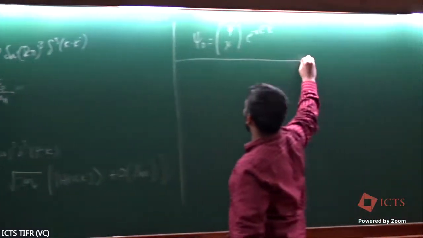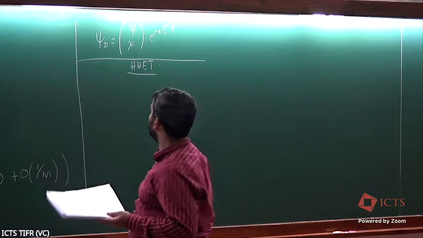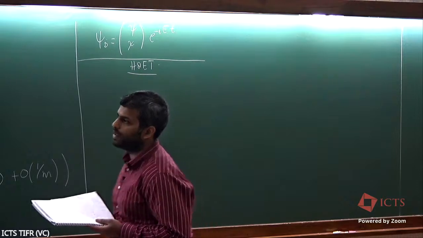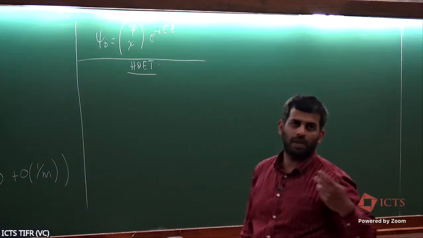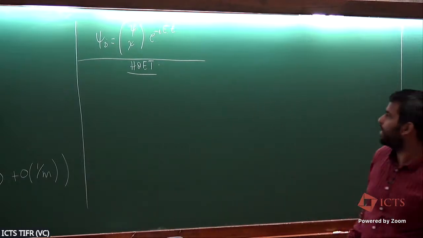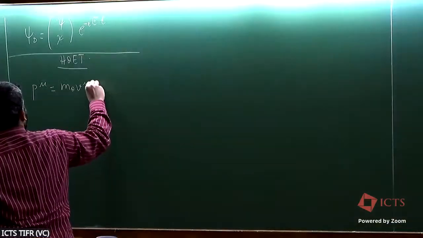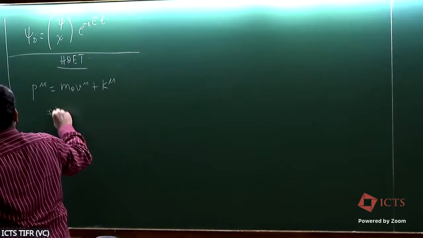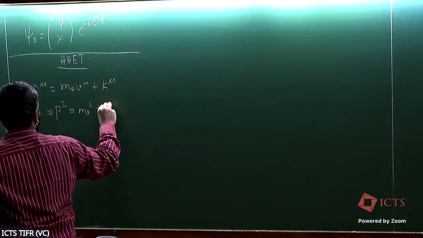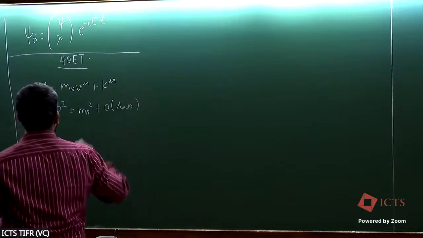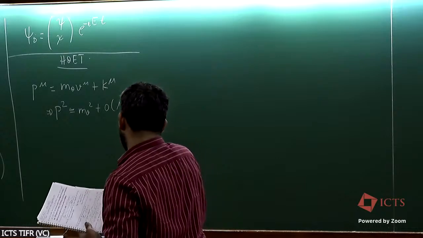In the heavy quark EFT, instead, what we start with is something analogous. Note that this momentum P mu, which is m_Q v mu plus k mu, basically tells me that the heavy quark is almost on shell, plus there are some corrections of order lambda QCD coming from the interactions with the light quarks.